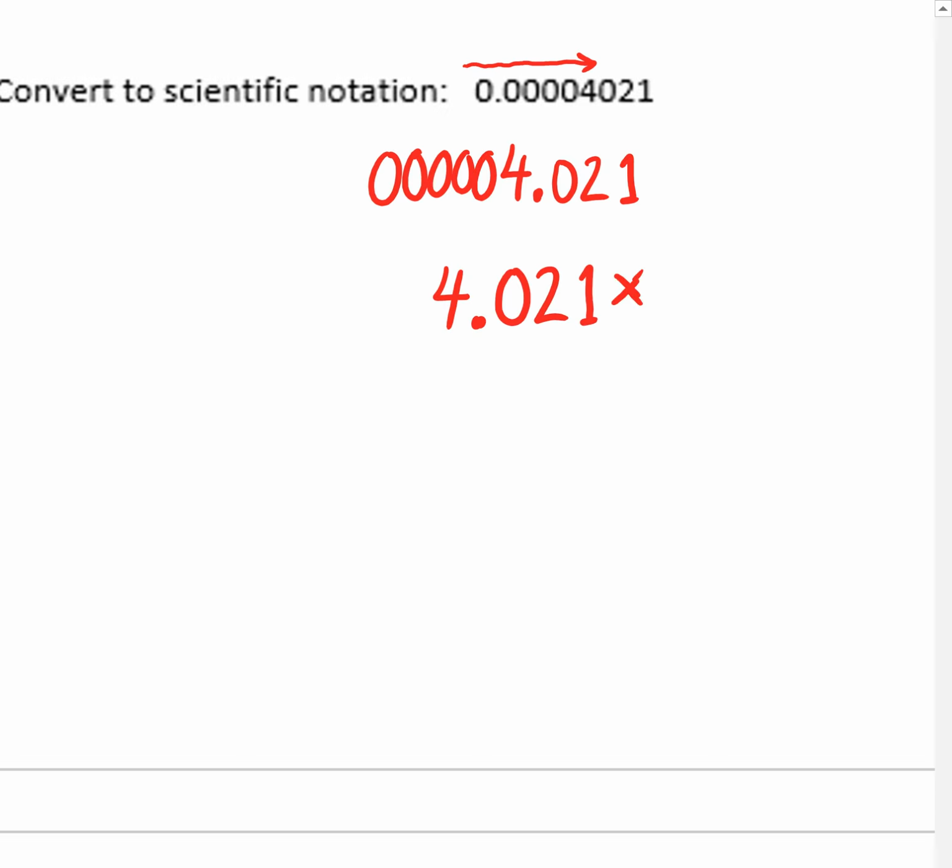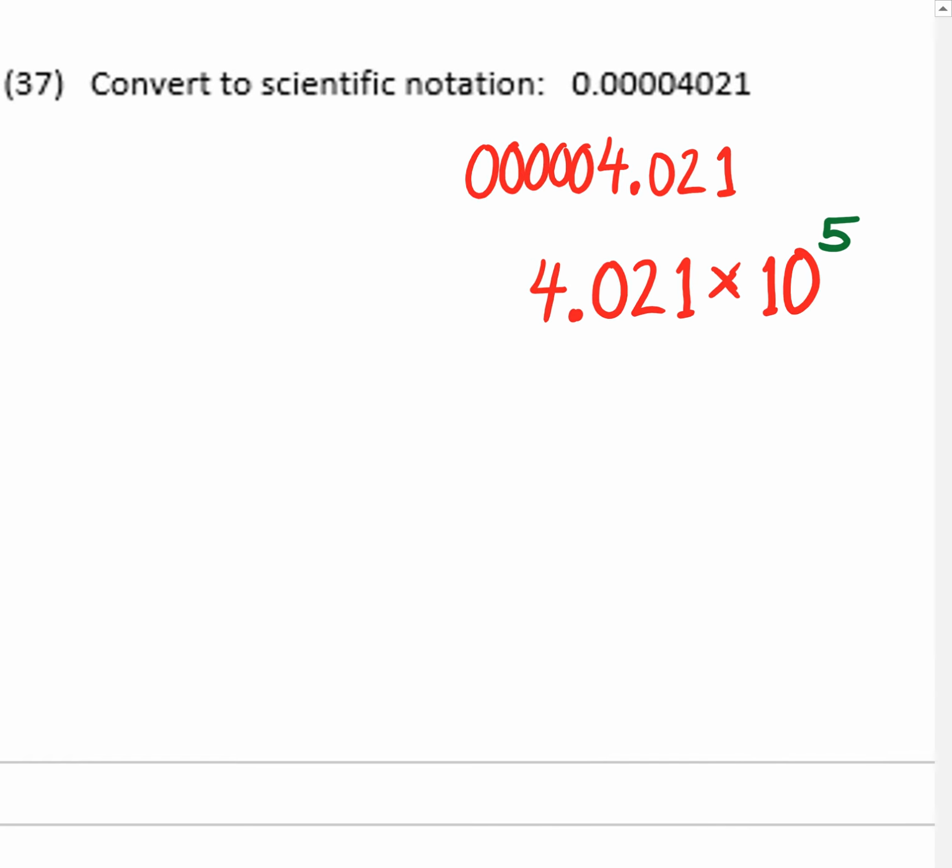And scientific notation always has times 10 to some power. Let me see what the power will be. The decimal started here, and I ended it here right after the 4. So how many times did it move? Once, twice, 3, 4, 5 times. But since we started with a small number, remember, if you start with a small number, you want a negative exponent.